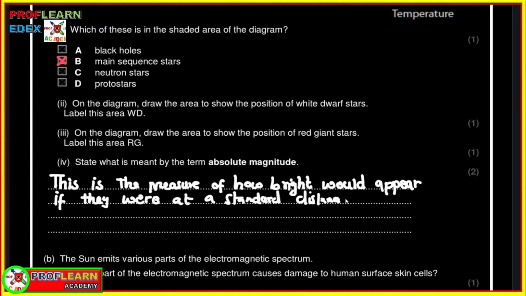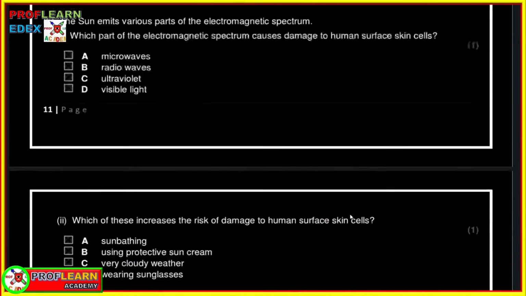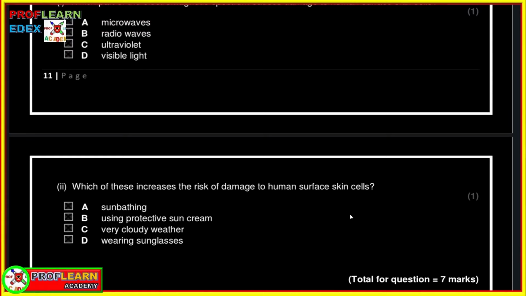Remember, the standard distance for absolute magnitude is 10 parsecs, or 32 light years. And 1 light year is the distance light travels in 1 year. You really need to remember that, because it is an astronomical unit of measuring distance in astrophysics.